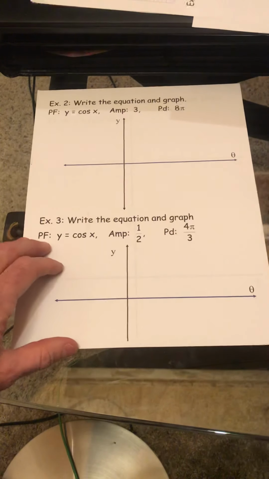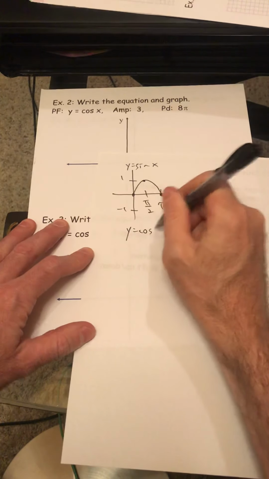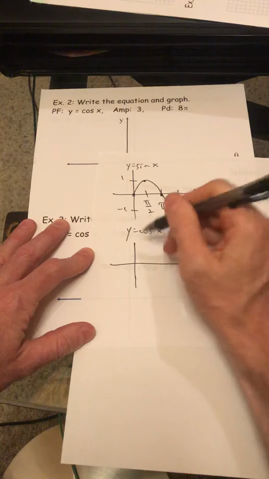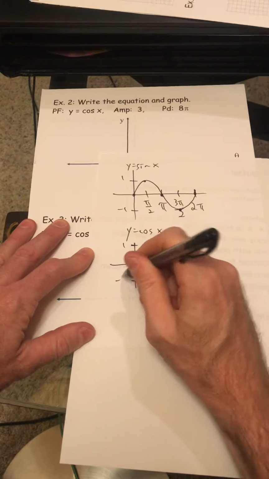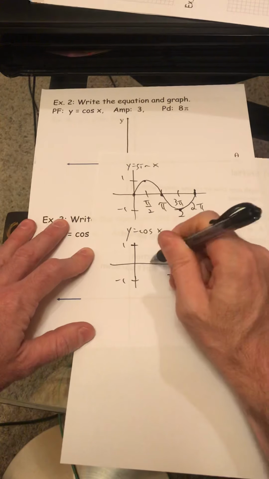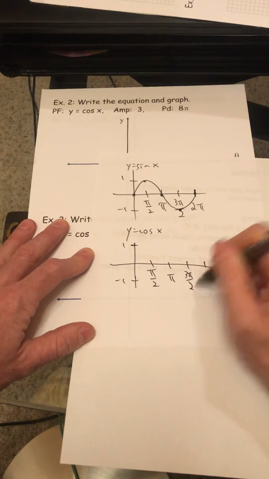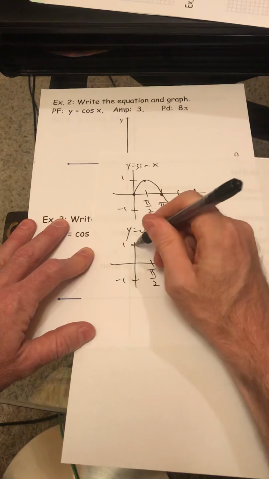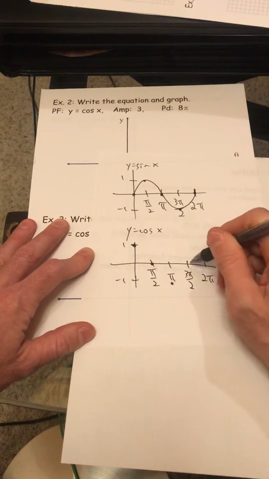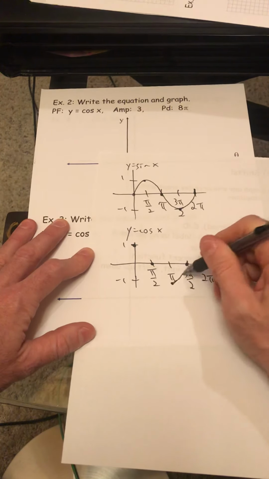All right, cosine. Well, again, I'm going to quickly sketch a parent of cosine as well, just so 1, -1, again, 2 pi, pi over 2, 3 pi over 2. Cosine starts at a max, goes to a 0, minimum, 0, and then back at a maximum.